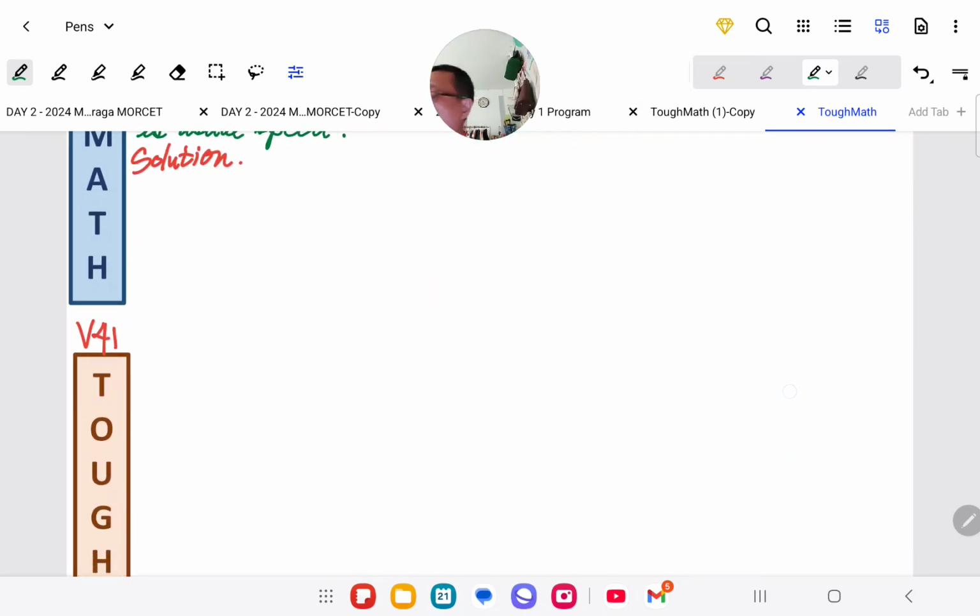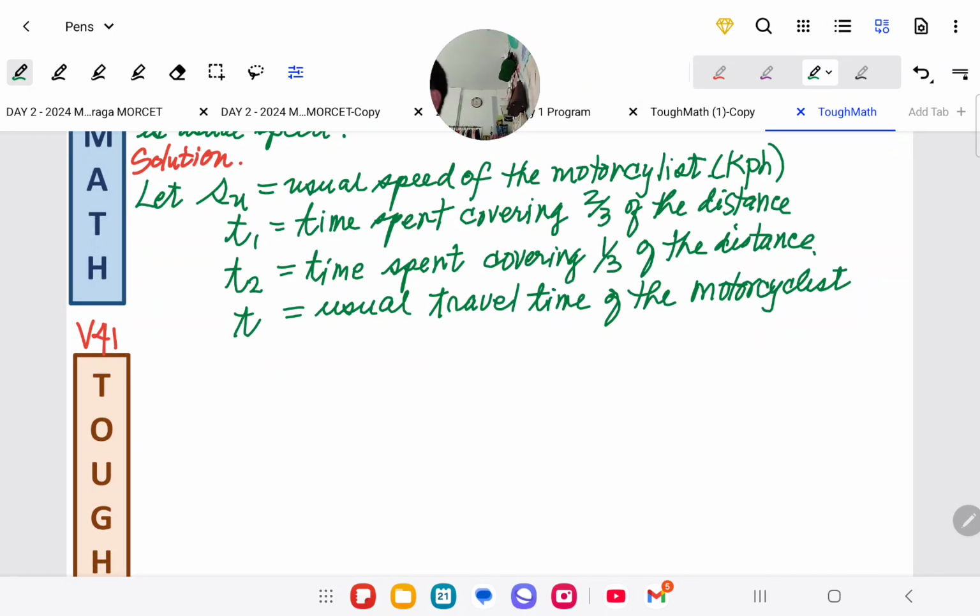Okay, so from this we have, of course, the first equation: the usual speed times the usual travel time equals 270.